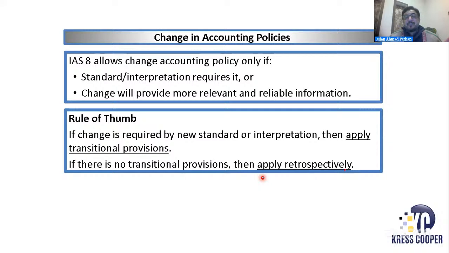Okay, so we will calculate its accounting impacts right from the beginning when the policy was first adopted, and from there onwards, when the policy is being changed, the accounting impact will be reflected in the opening balance of the retained earnings, and the relevant information would be amended accordingly.